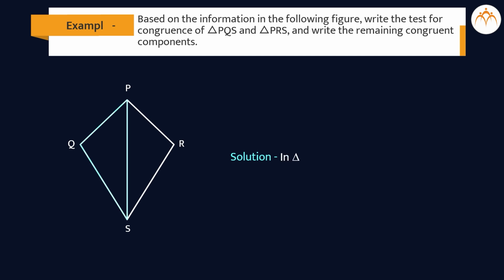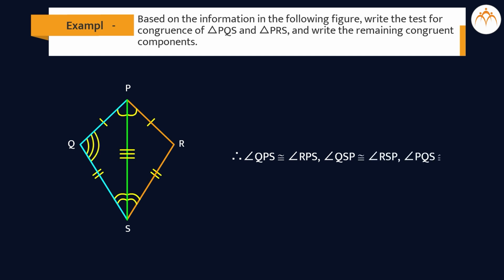From the figure, in triangle PQS and triangle PRS, segment PQ is congruent to segment PR, segment QS is congruent to segment RS, segment PS is congruent to segment PS because it is the common side. Therefore, triangle PQS is congruent to triangle PRS by SSS test. Therefore, angle QPS is congruent to angle RPS, angle QSP is congruent to angle RSP, and angle PQS is congruent to angle PRS as corresponding angles of congruent triangles.